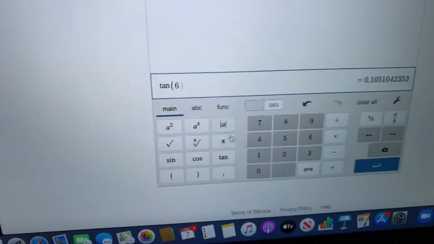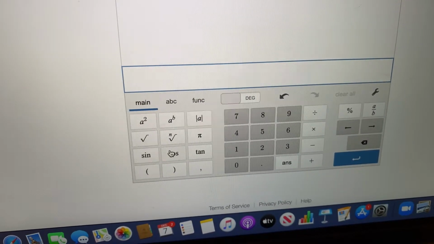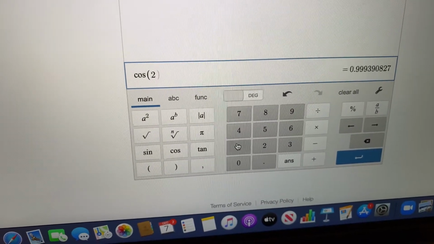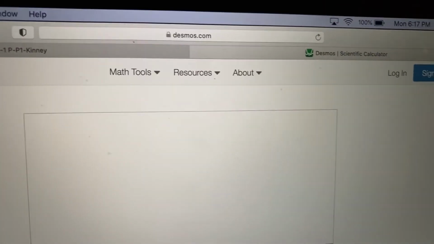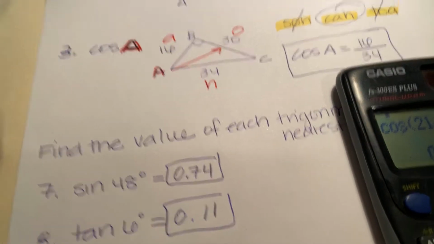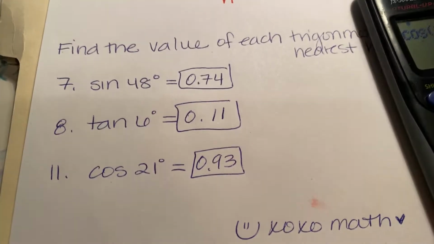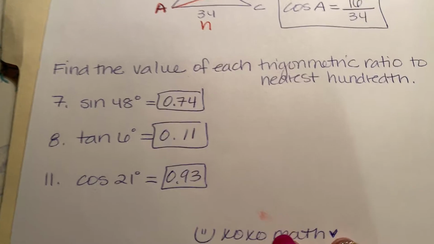And then cosine 21, we should get 93 hundredths. Cosine 21, 93 hundredths. Yes? Remember, that's the Desmos scientific calculator. We'll come back to this. I have to keep hitting it so it doesn't go to sleep. And of course your phone calculator works great too.